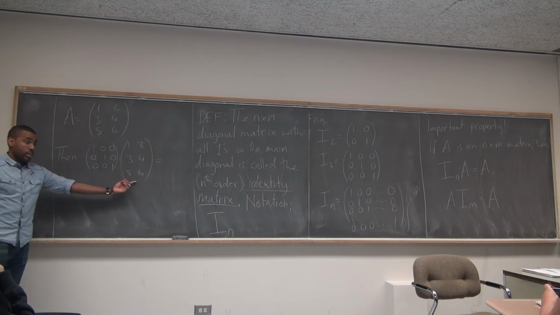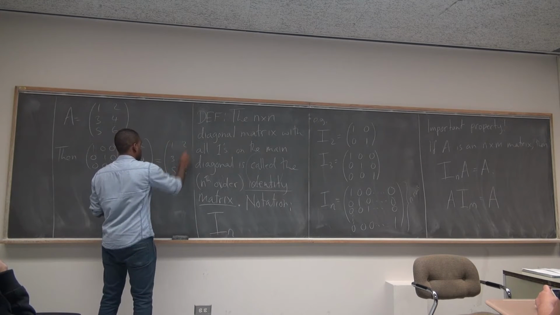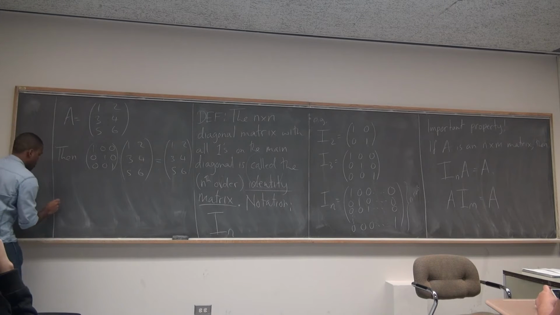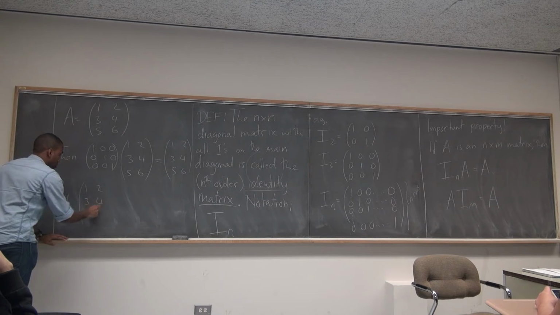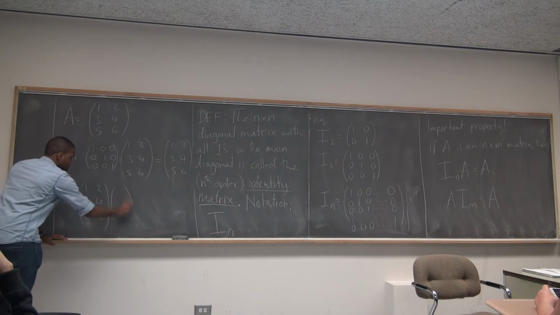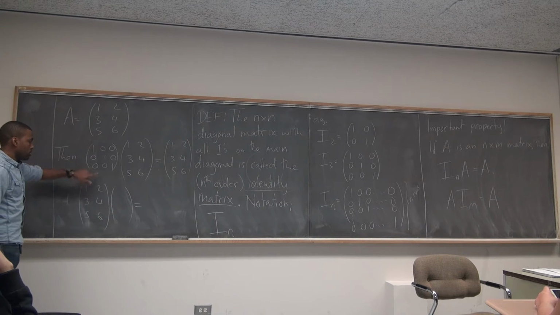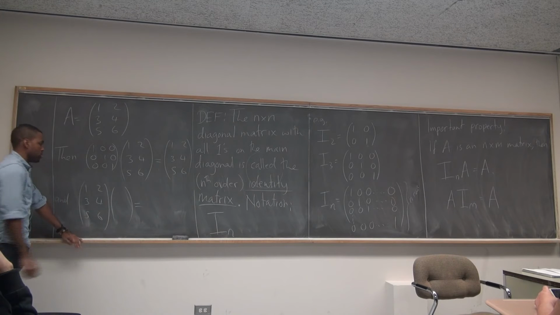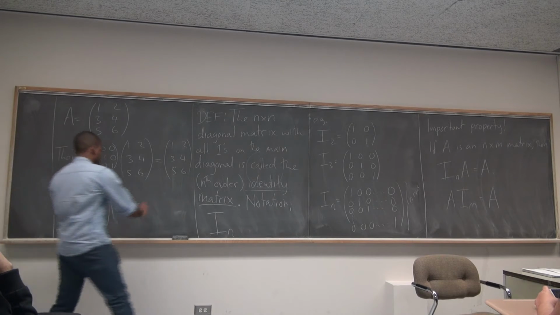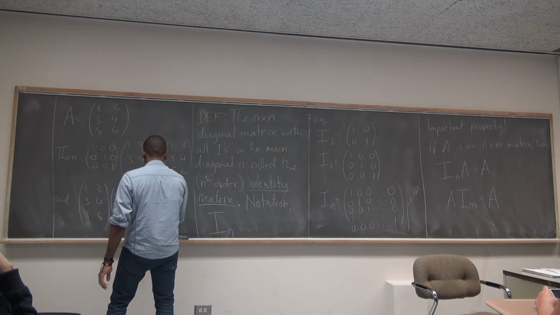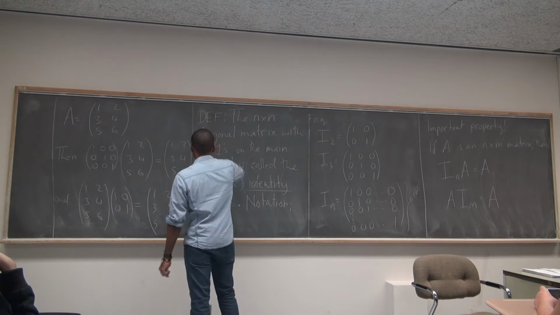Now if I take this times that, you can check for yourself that it gives you this matrix back. And if this matrix is on the left, 1, 2, 3, 4, 5, 6, and I multiply by the identity on the right, what size does this have to be? Well, the number of columns here is 2, which means the number of rows there would be 2. So it's the 2 by 2 identity. If you multiply by that, it gives you the same matrix back. Details left to the reader.